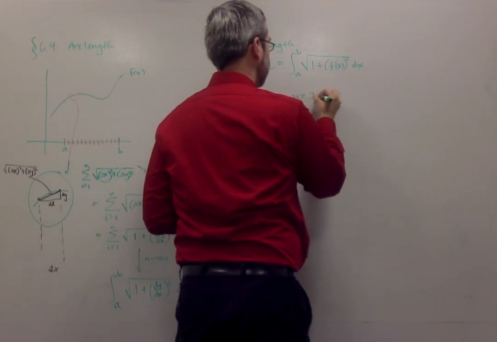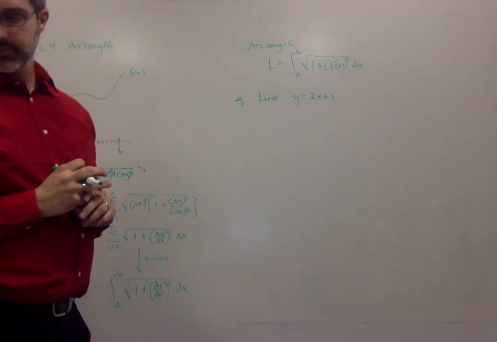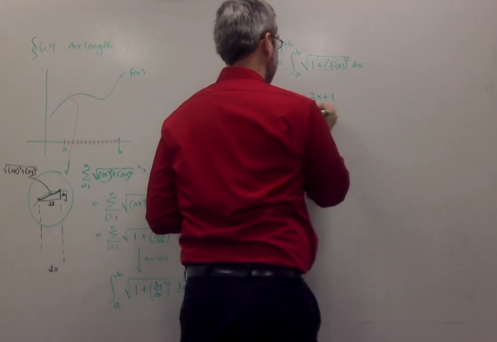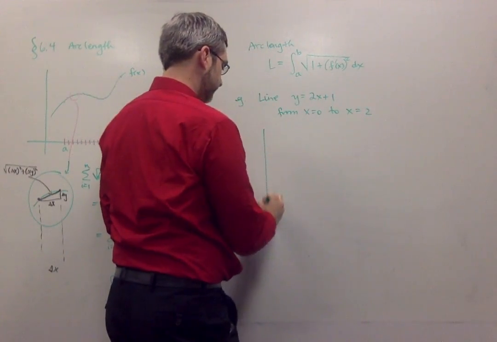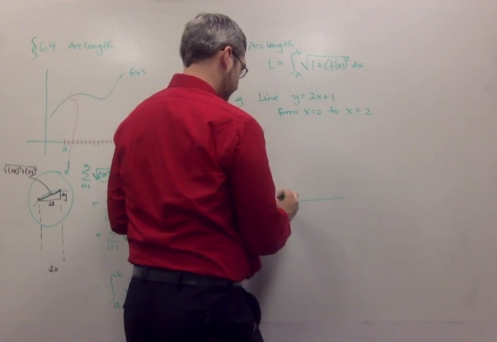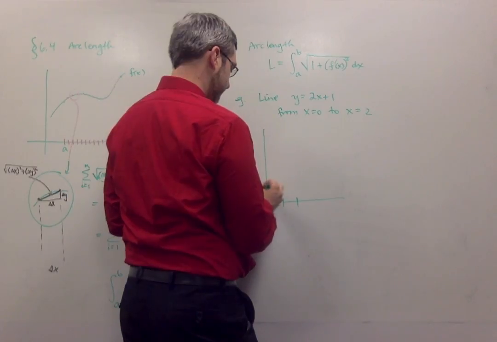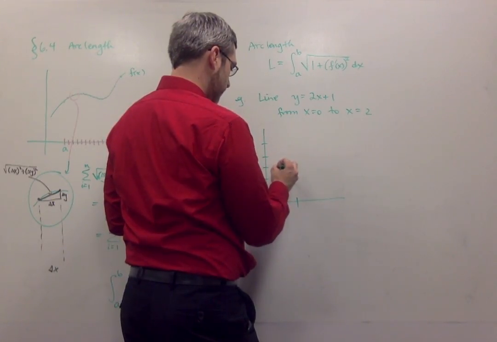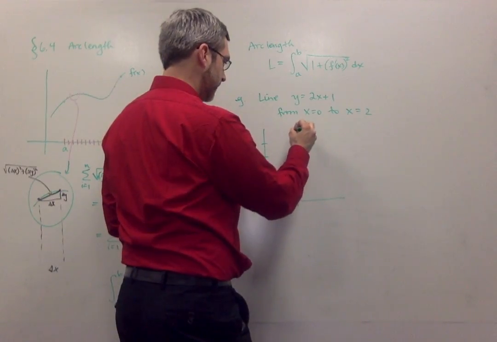Let's particularly look at the line y equals 2x plus 1. And let's go from x equals 0 to x equals 2. Okay? So 2x plus 1. Right, that's the line.